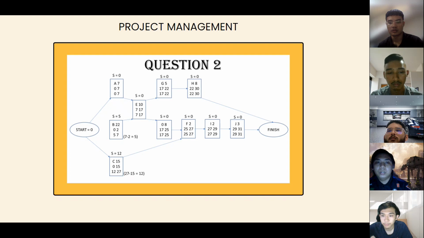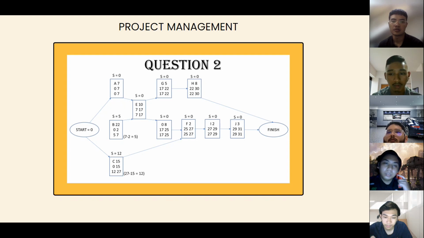So for my part, I'll explain the calculation for column O, row 2. It's quite the opposite of column 1, because column 1 starts from the start, but column 2, or row 2, starts from the finish.